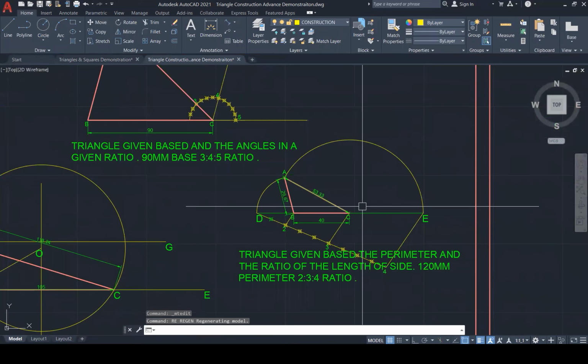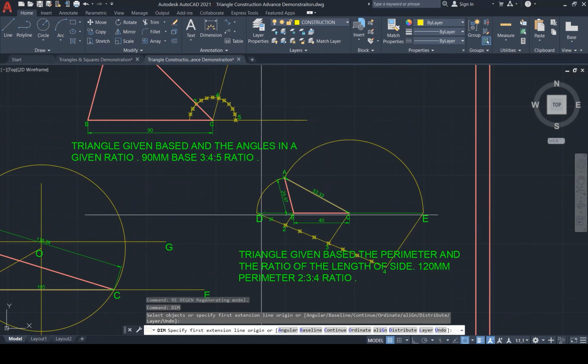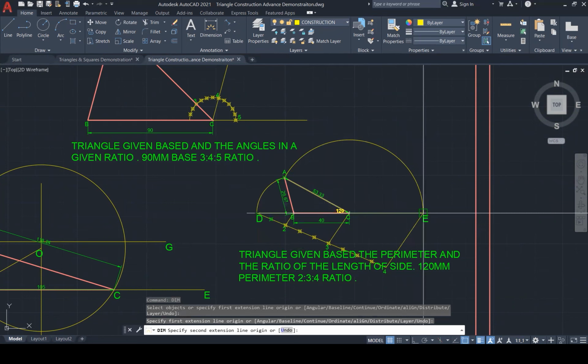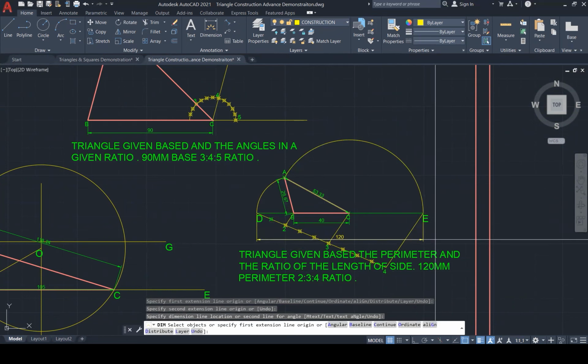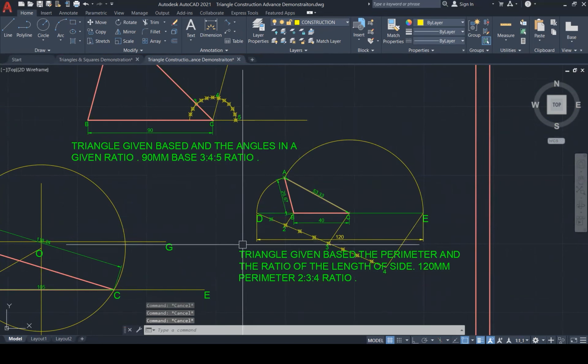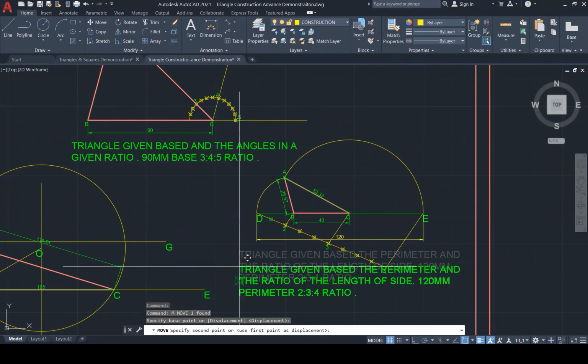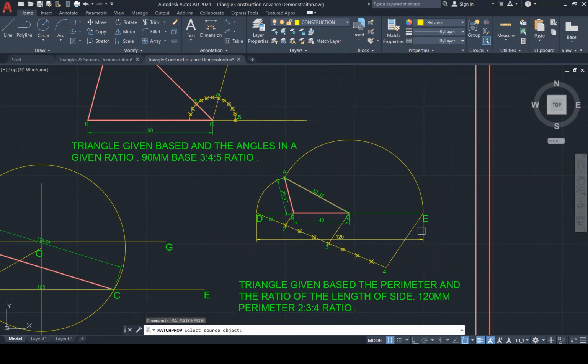triangle given the base, the perimeter, and the ratio of the length of side. The length of the entire side we started off with was 120 mil. Put that under here. And the ratio that we split this line into was 2 to 3 to 4. That's it there.